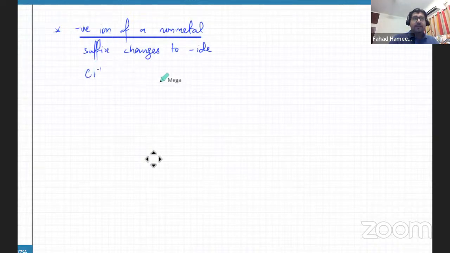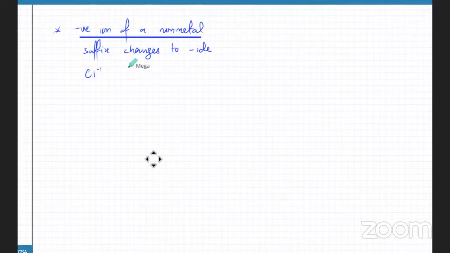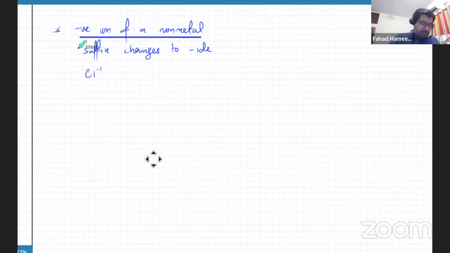Cl is group 7, so it's going to be -1. What was the name originally of Cl? Chlorine, but now it's not going to be chlorine. Suffix is the ending part, so that part will change.